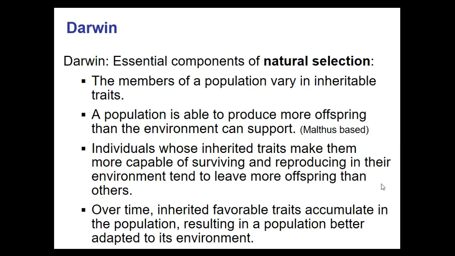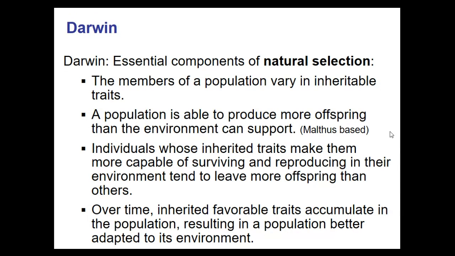So this all depends on what the environment is at the time. A characteristic that is beneficial in one environment might not be beneficial in a different environment, or if that environment changes, a certain characteristic might not be favorable anymore.